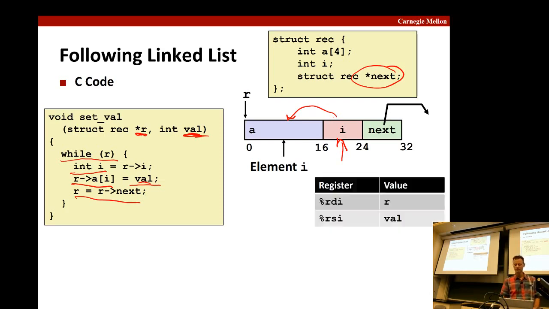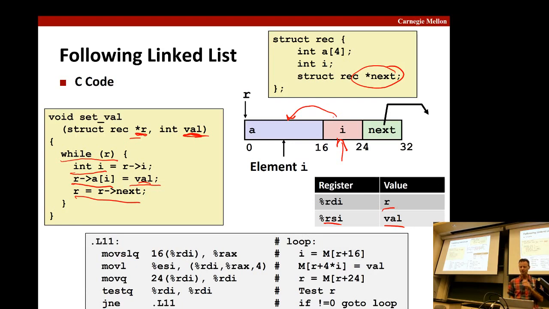R is going to be passed in RDI, and val is going to be passed in RSI, and the assembly code ends up looking like this. The first thing we're going to do is take 16 plus R. This is a move, so we're actually going to fetch what's there and put it in RCX.